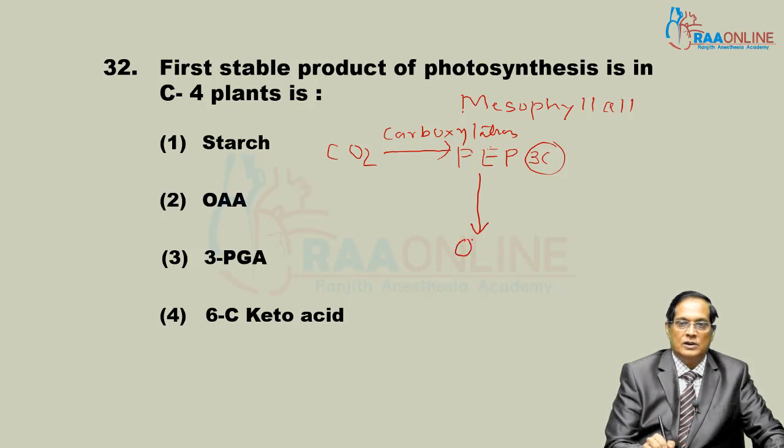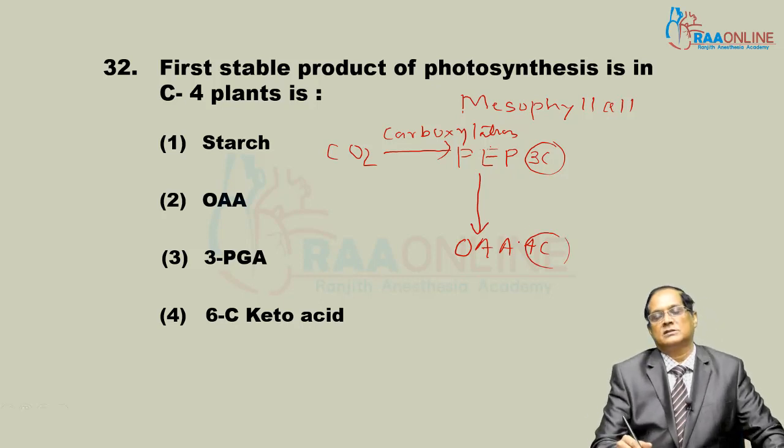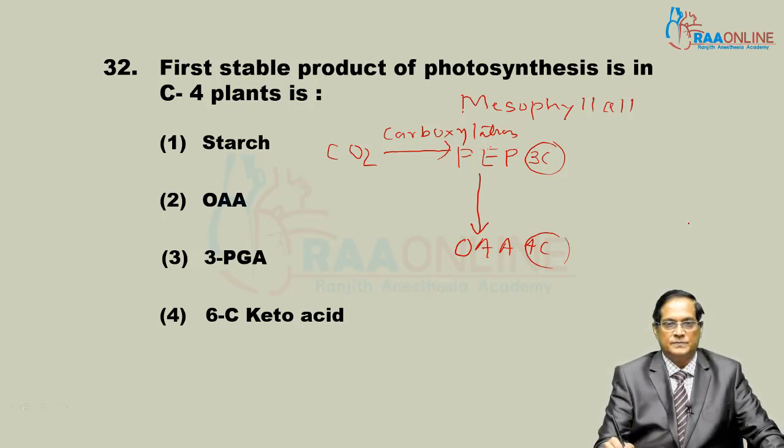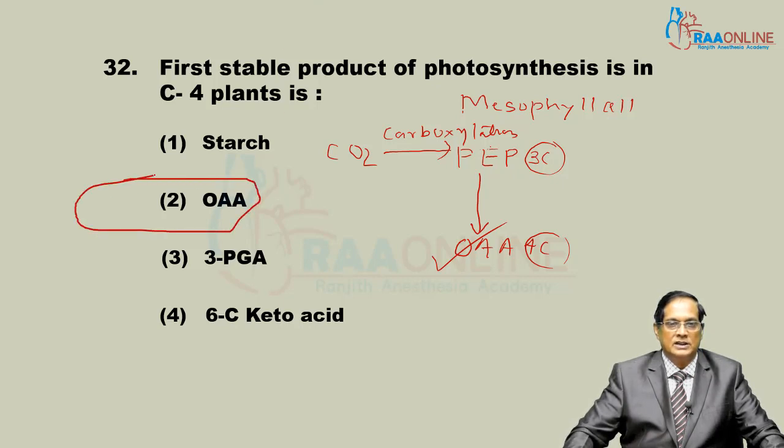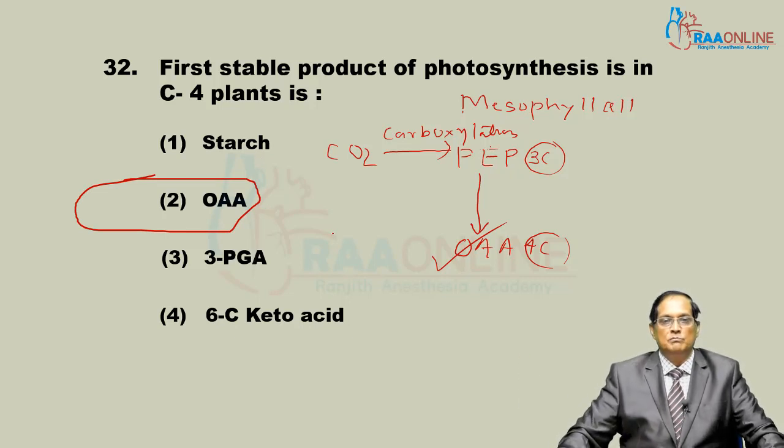And oxaloacetic acid, a 4C compound, is formed as the first stable product. So the answer is oxaloacetic acid. That's why these plants are also called C4 plants, because of the production of oxaloacetic acid directly by the carboxylation of PEP in the mesophyll cell.